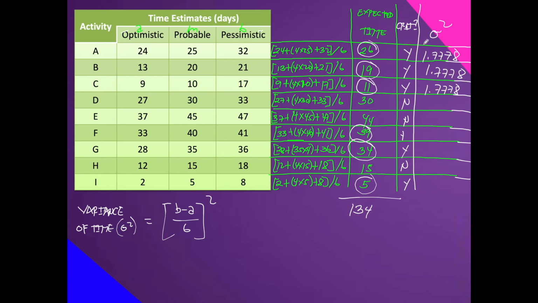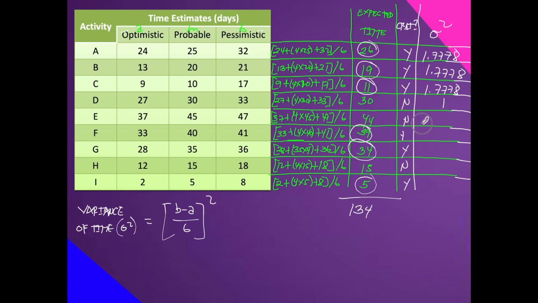They all have the same variance. Next, for this activity D, 33 minus 27 over 6 squared. This is 1. For activity E, 47 minus 37 over 6 squared.